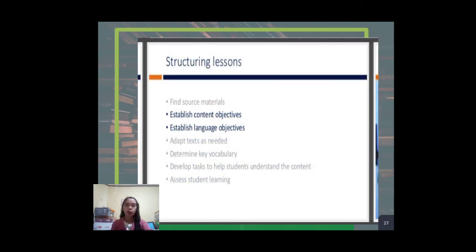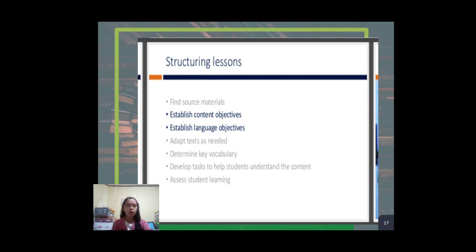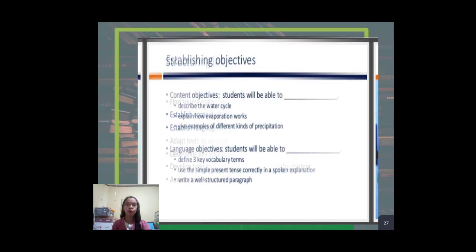Okay, so establish content objectives, establish language objectives. So, what is the target? What do I want the students to be able to do as a result of the instruction? So, those questions are under establishing your objectives, maybe content and language objectives.